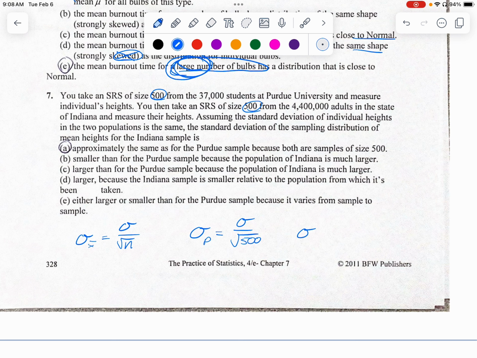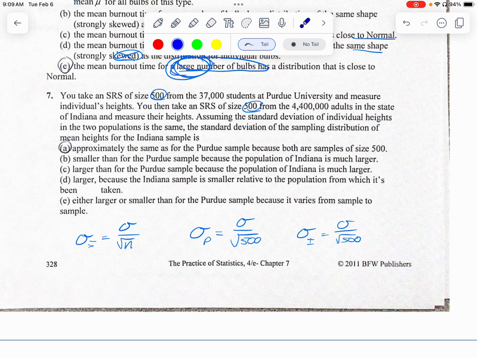what's the other school? Indiana would be their sigma divided by the square root of 500. And they're pretty much just having you compare these two things. Now, it didn't ever tell you what sigma was for both schools, right? But it says right here, assume the standard deviation of heights in the two populations is the same.